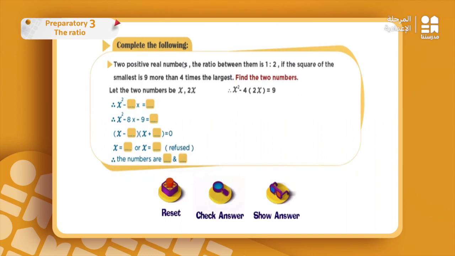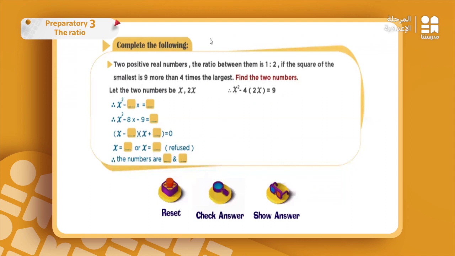Complete the following. Two positive real numbers. The ratio between them is 1 to 2. If the square of the smallest is 9 more than 4 times the largest, find the two numbers. Let the two numbers be x and 2x as the ratio 1 to 2.